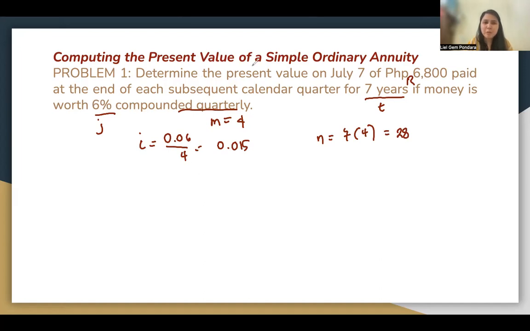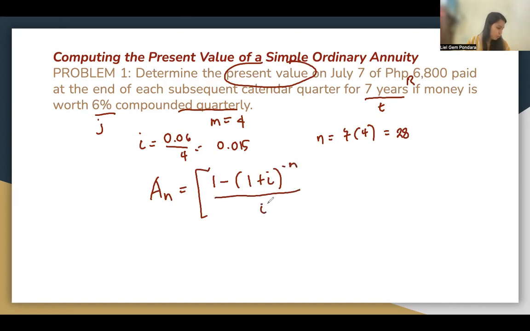We're looking for the present value. So it's A sub N. We start memorizing the formula. That's 1 minus 1 plus I. It's a present value, so our exponent is negative N, over I. So there's R outside.